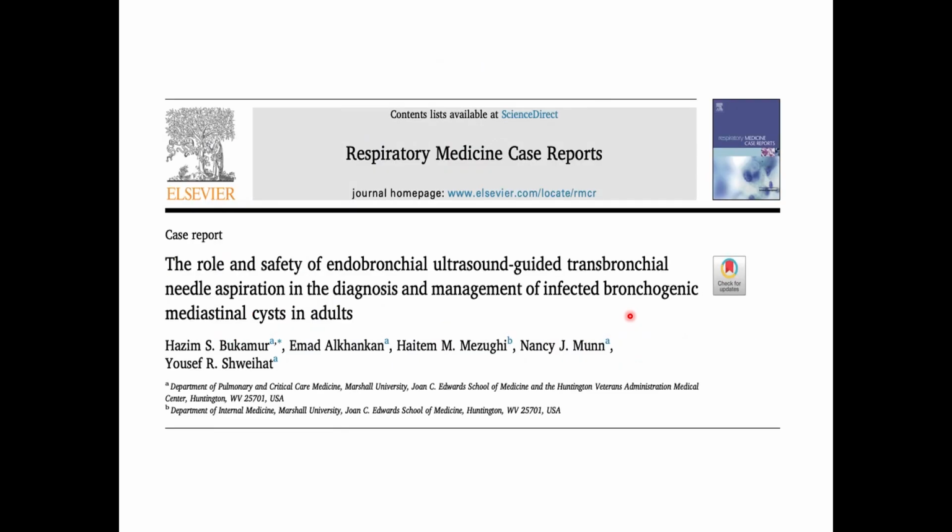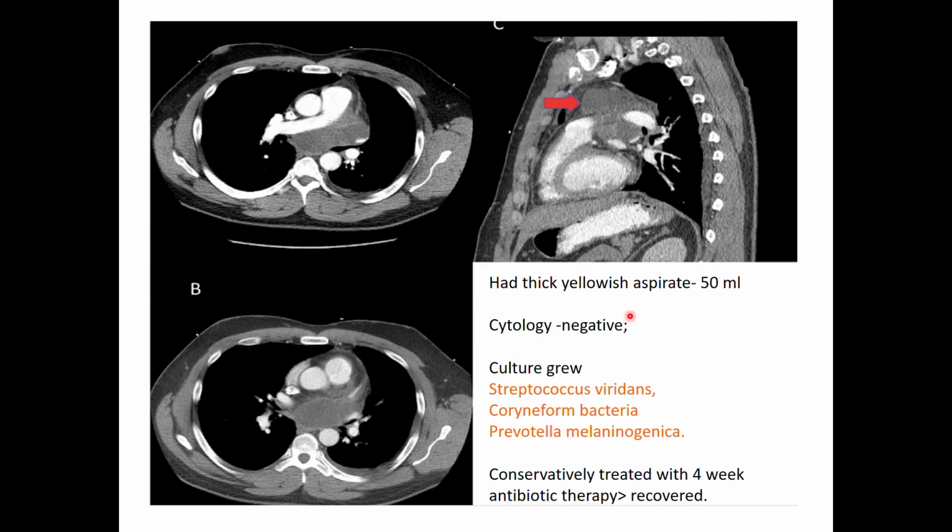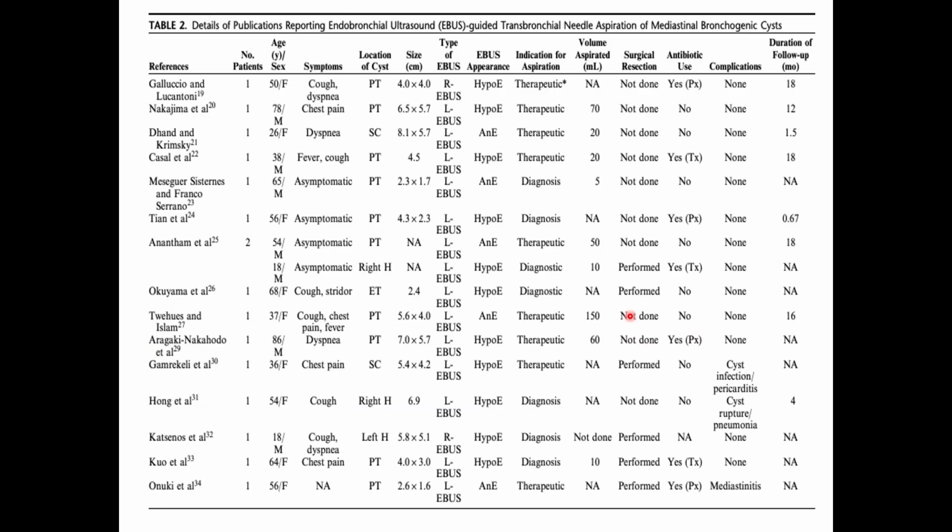Now, this is an article regarding the role and safety of the EBUS guided TBNA in the diagnosis as well as management of the infected bronchogenic mediastinal cyst, and they found that in most of the cases the culture, although grew in a very small number of patients, the important message is that in most of the patients the diagnosis was not made.